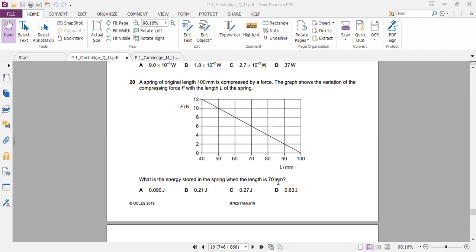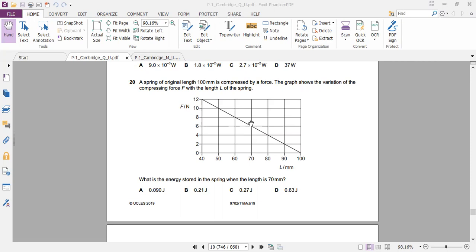Yes, 70 মিলিমিটার যে লেন্থটা রয়েছে, এই 70 মিলিমিটার লেন্থের জন্য আমাদের যে গ্রাফটা, দ্যাট ইজ দি গ্রাফ, রাইট? সো 70 মিলিমিটারের ক্ষেত্রে আমাদের এক্সটেনশনটা কতটুকু, দ্যাট উই নিড টু আন্ডারস্ট্যান্ড, বিকজ দি স্প্রিং অফ দ্য অরিজিনাল লেন্থ ইজ 100 মিলিমিটার এন্ড এটাকে কম্প্রেস করা হচ্ছে, তার মানে ফোর্স যখন আমরা দিচ্ছি তার লেন্থটা ডিক্রিজ করতেছে। তো খেয়াল করেন যখন আমরা ফোর্স 12 করে দিয়েছি তার লেন্থ অ্যাকচুয়ালি 40 মিলিমিটার। আমরা চাচ্ছি what is the energy stored in the spring when length is 70 মিলিমিটার। 70 মিলিমিটার করসপন্ডিং ফোর্স কত? 6 নিউটন। তাহলে 6 যদি হয় আমার ফোর্স, তাহলে এখানে এক্সটেনশন কত?